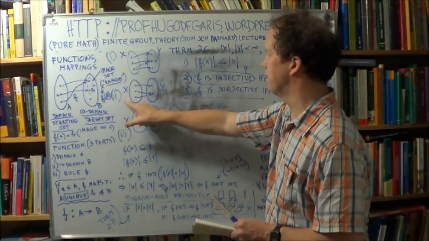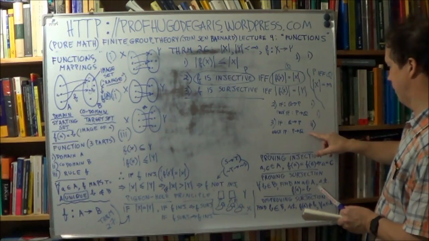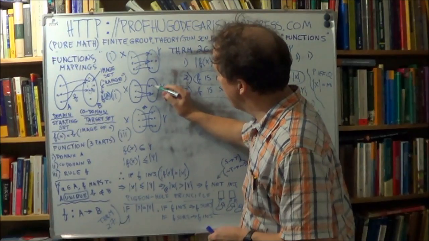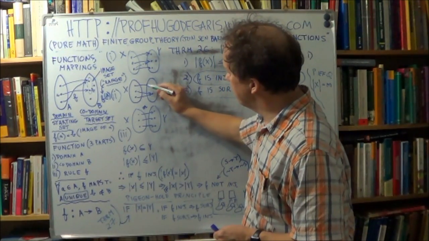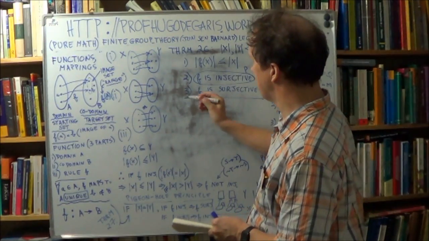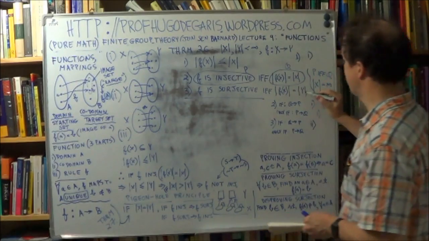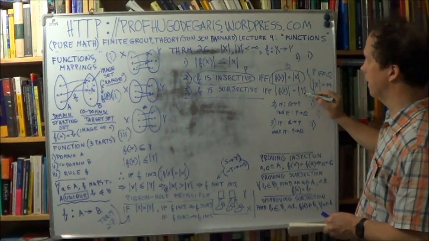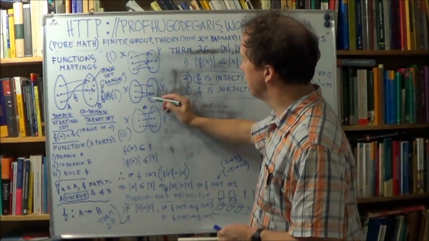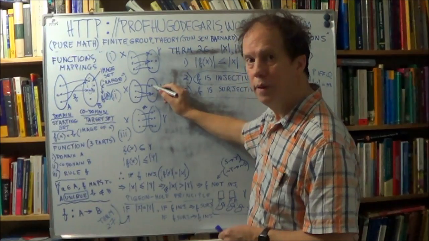So if you look at diagram 2, and I've got a little reference here, you're told it's surjective and you have to prove this. Now, how many elements in Y? Well, that's this. You're told it's surjective, so every element gets mapped.